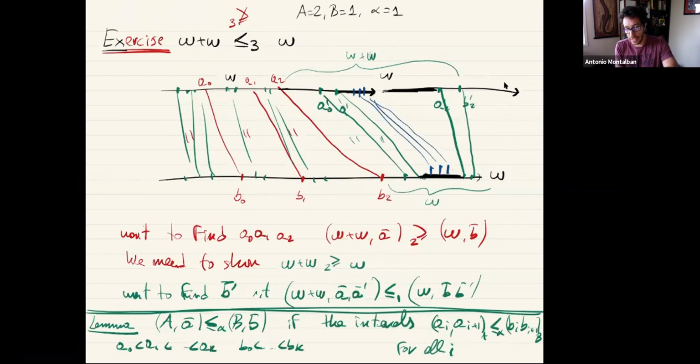And of course, when I say interval, I also mean the interval towards infinity on one side and the interval towards infinity on the other side.